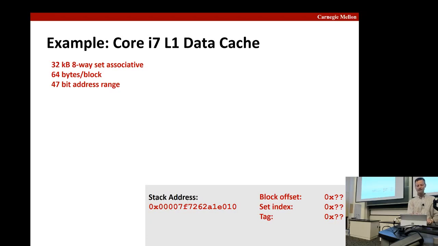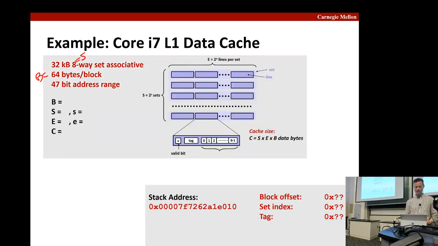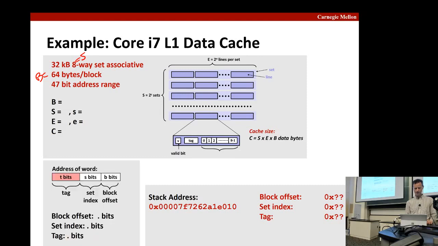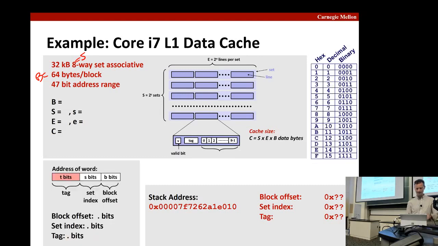Again, the cache line size is 64, so B equals 64. 8-way set associative, so that's our E. Again, this is our cheat sheet here, and the tag and so on. I already said that B was 64, and E is 8. What about S? How big is S?